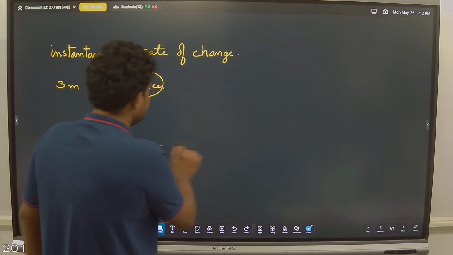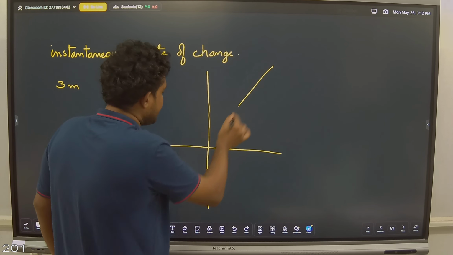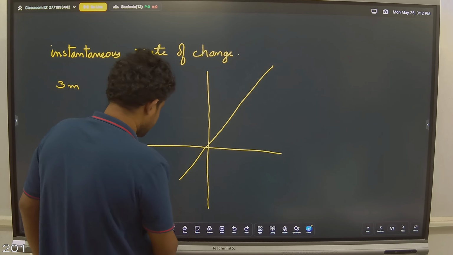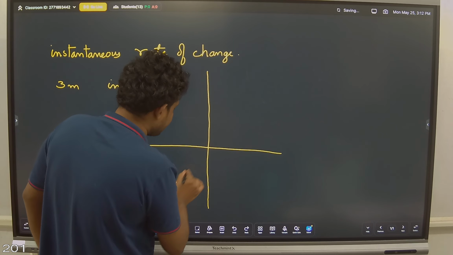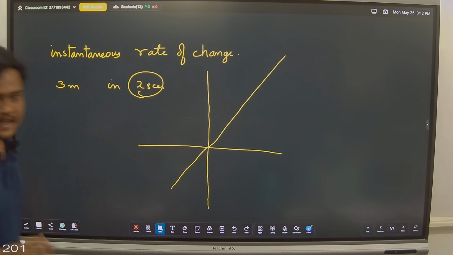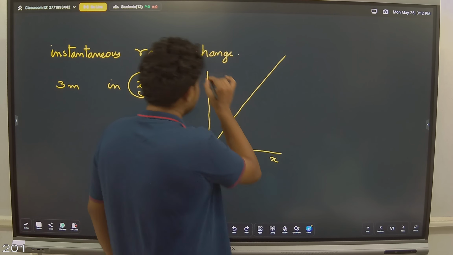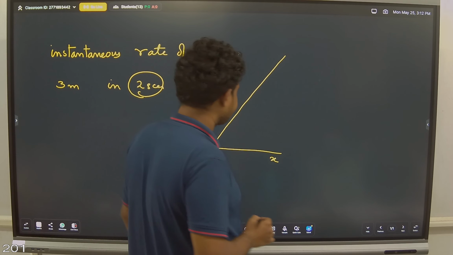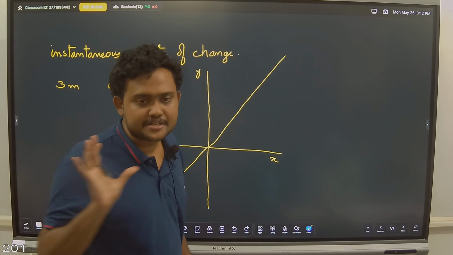So essentially, if I have a line like this, this is a line in the xy plane, right? This is the x-axis and this is the y-axis. This line will have some equation, right?